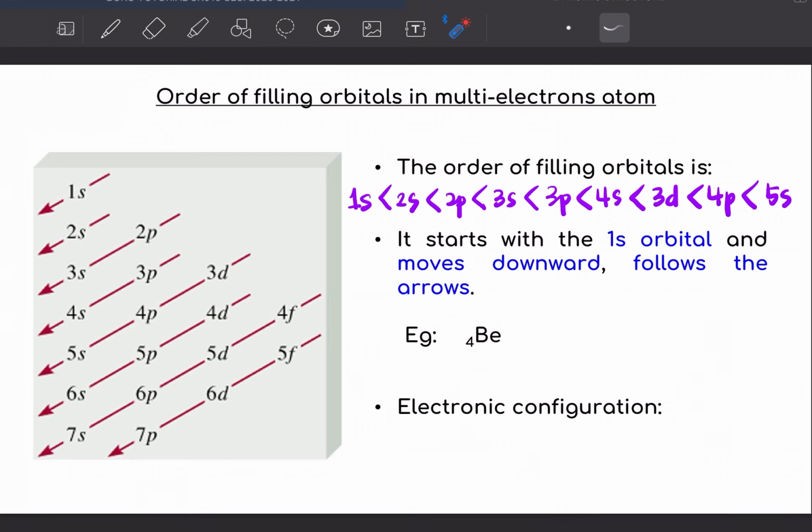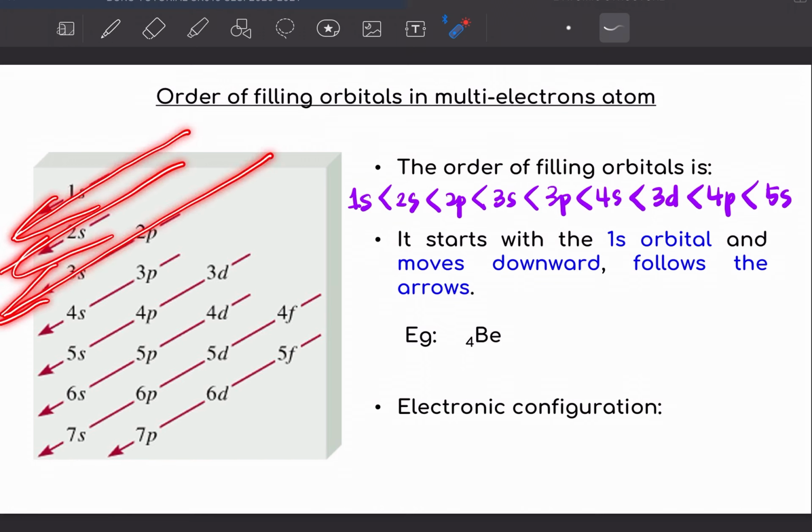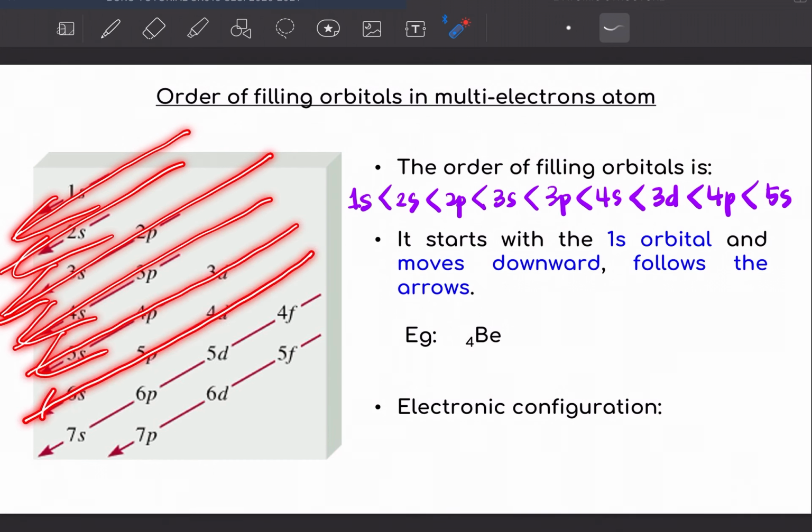So how to remember? You can write it down this way. You write 1s and then followed by 2s, 3s, 4s, 5s, 6s, 7s, and then the p, 2p, 3p, 4p, 5p, 6p, 7p, then 3d, 4d, 5d, 6d, 4f, 5f. And then you draw arrows cutting from up here, the lowest energy orbital: 1s, 2s, 2p, 3s, 3p, 4s, 3d, 4p, 5s, and so on.